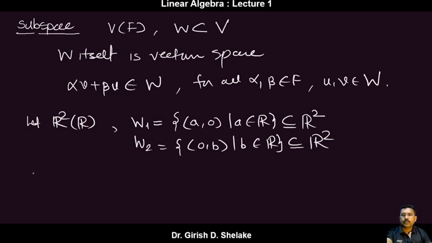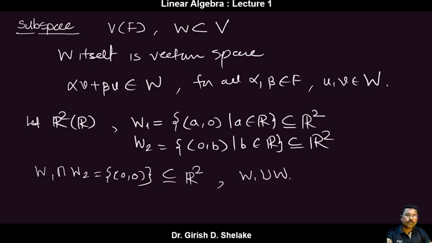Also note that W1 intersection with W2 is equal to the singleton set {(0, 0)}, which is a subspace of R2. But W1 union with W2 is not a subspace of R2.